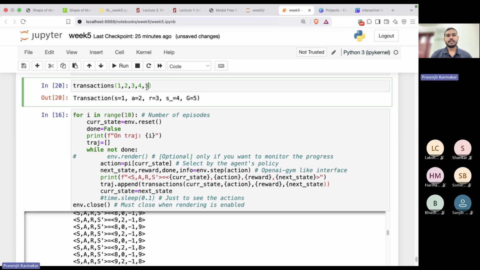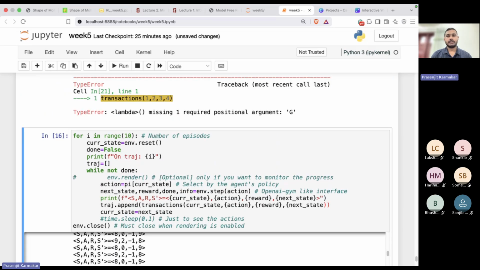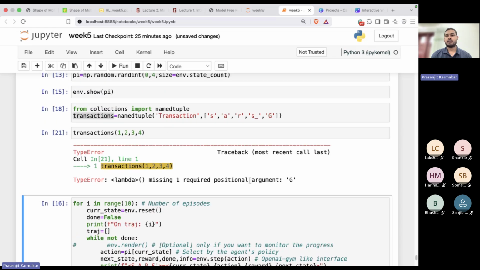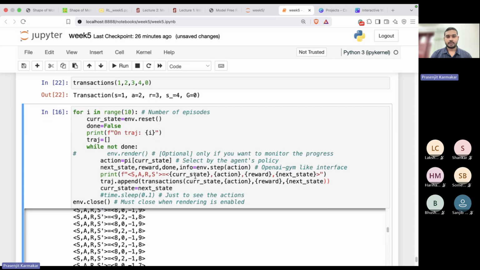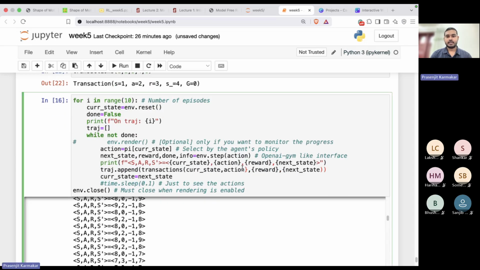And see, if I don't pass something, it says it is missing an argument, right? So even though I don't want to pass something, I can put it as 0, that would be initialized to 0. So current state, action, reward, next state.